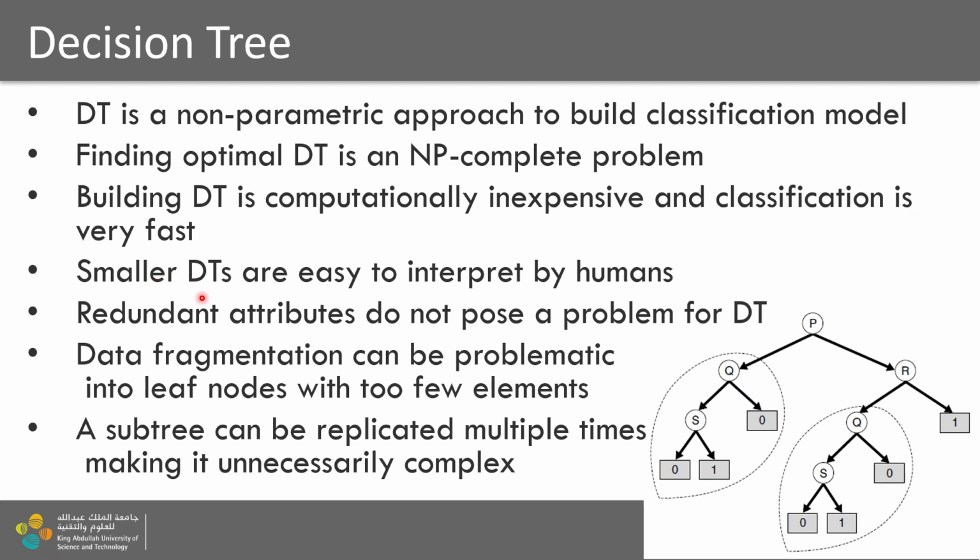Smaller decision trees are actually easy to interpret by humans, because the answer of classification membership is basically established by some kind of dialogue which is created as the entry is passing through the tree to its respective leaf node.